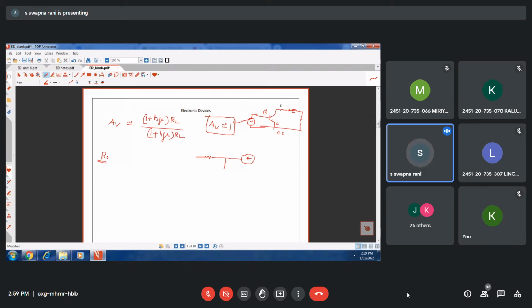If biasing is also included, then the equations are going to change slightly. So this analysis is for the circuit without biasing, with just the source, load and transistor.